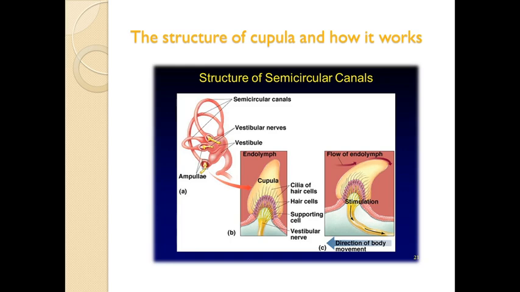That means even the cupula moves in the opposite direction of the direction of body movement. Then when the gelatinous cap moves, the cilia and the sensory hairs are stimulated, and that creates a nerve impulse, and the nerve impulse is transmitted through the particular nerve to the cerebellum of the brain, because we know cerebellum is responsible for posture and balance. Therefore cerebellum is contacted. The name of the nerve is actually not important. So this is the structure of cupula and how it works.